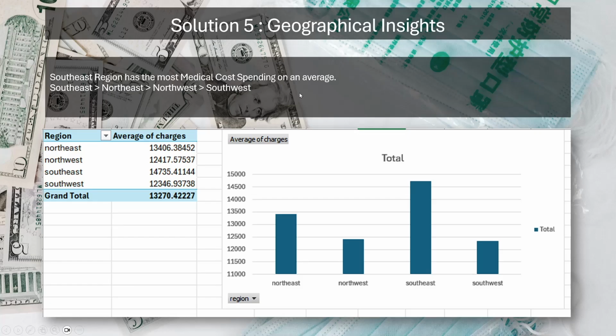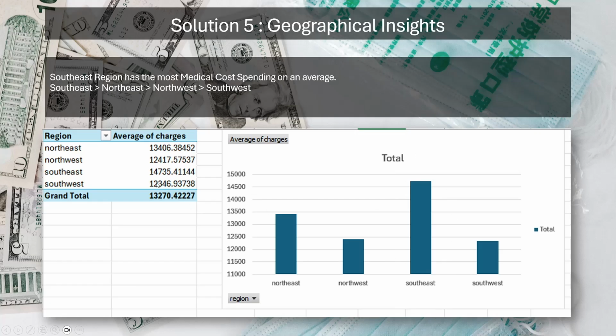Geographical insights. For this question, I categorized data into four according to the four regions: northeast, northwest, southeast, and southwest. With this data, I found that southeast is the region having the highest medical costs.